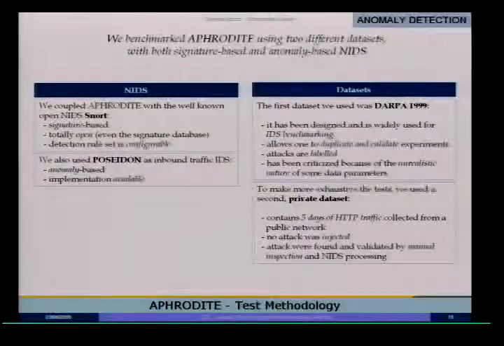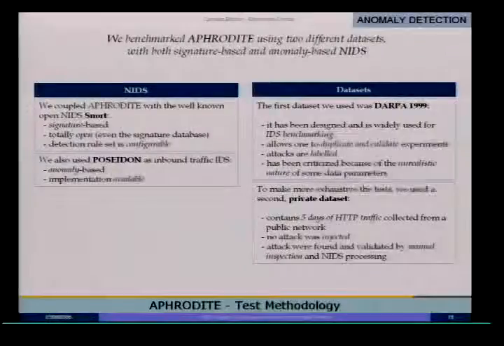So Poseidon was used both as the input and as the output anomaly detection system. This way of testing the system can grant us a good architecture, showing that the idea is really working, that it's not just in our minds.